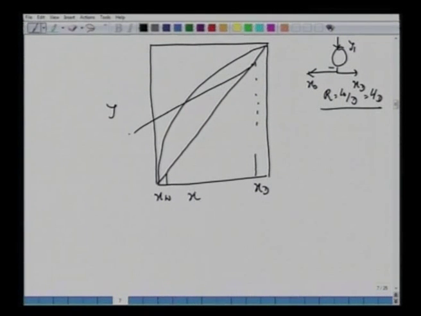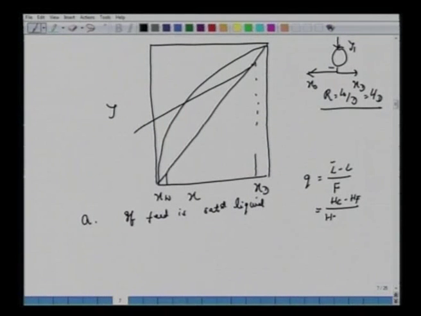Now let's assume case 1. If the feed is saturated liquid, now again you should invoke the definition for q, which we had earlier: q as L bar minus L over F from the material balance, and from the energy balance we had Hg minus Hf over Hg minus Hl.